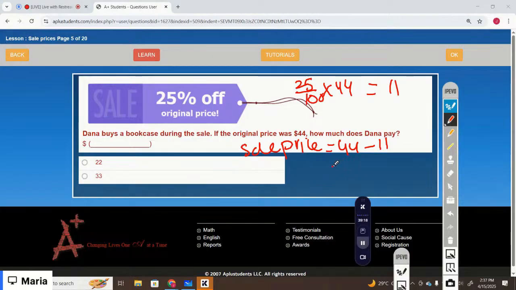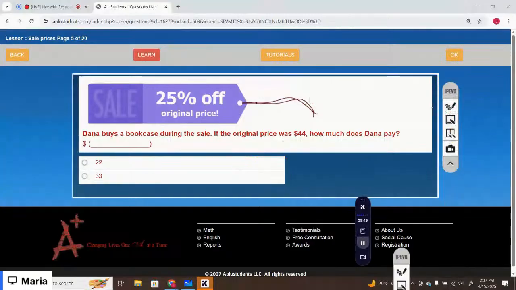So 44 minus 11 is $33. The correct option is option number 2, that is $33.